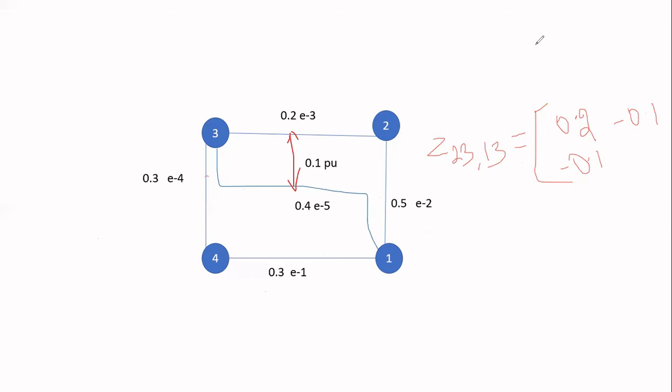Similarly, we calculate ZL2. ZL2 means instead of I equal to 1, we replace it with 2.